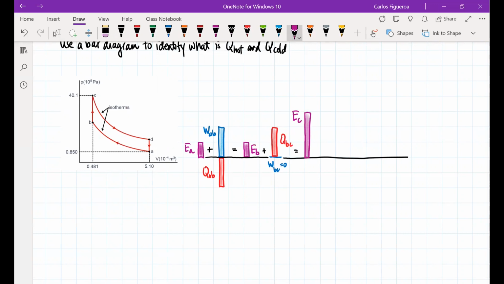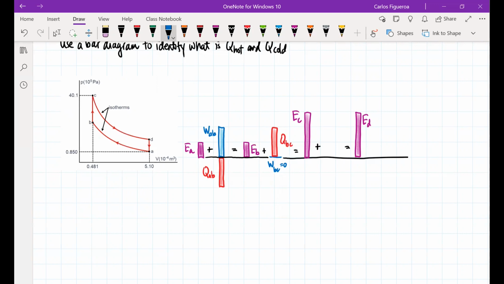Now, as I go from C to D, you can see here that this is an isothermal process, which means I cannot change the internal energy of the system, and it has to stay exactly the same. So this guy is then going to be ED. So then the heatings and the workings have to offset themselves. Now this is an expansion. So the gas gives up its kinetic energy to cause expansion.